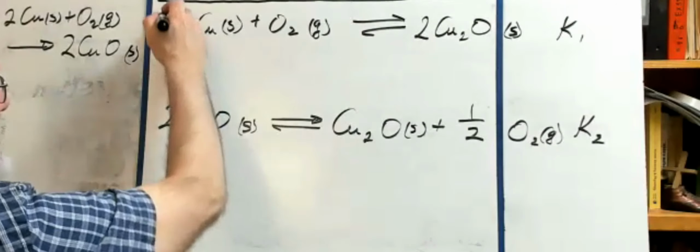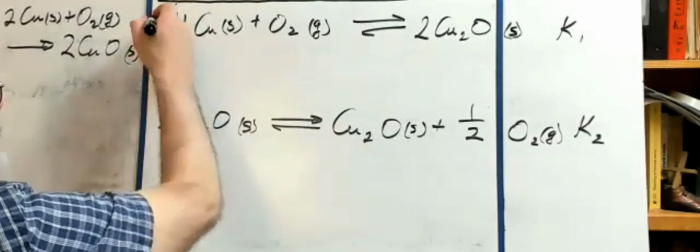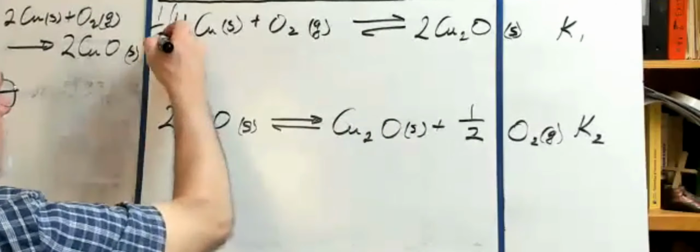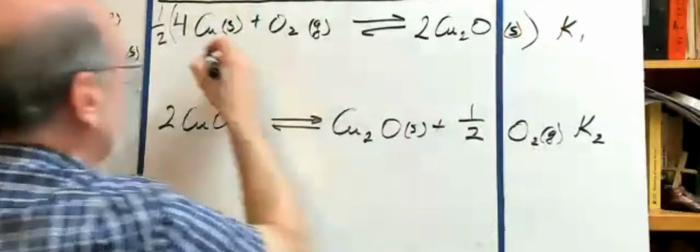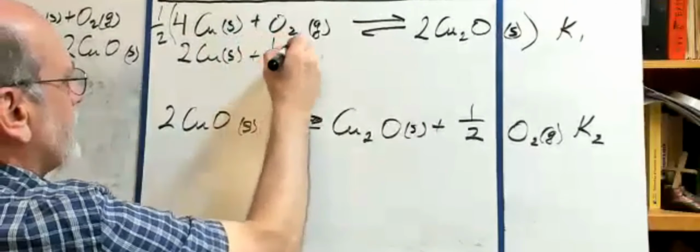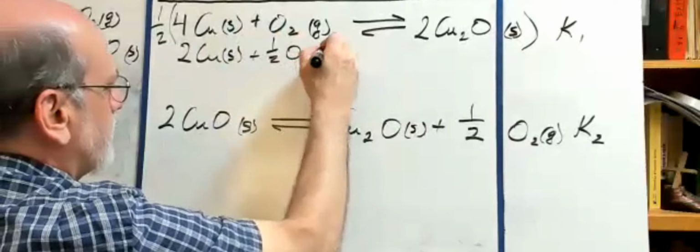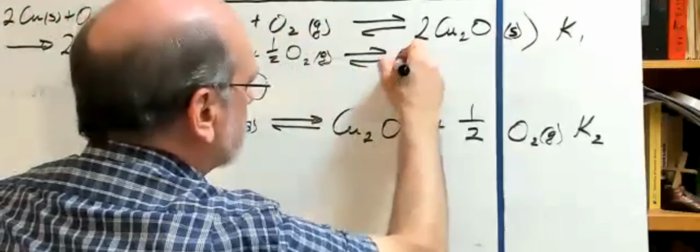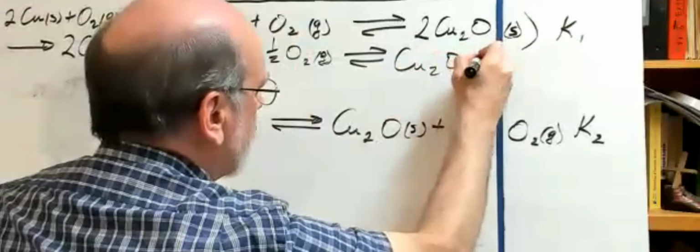Right? So if we say 1/2 of this one, we get 2 copper plus 1/2 oxygen and copper 2 oxide solid.